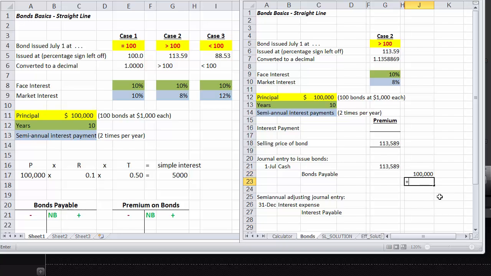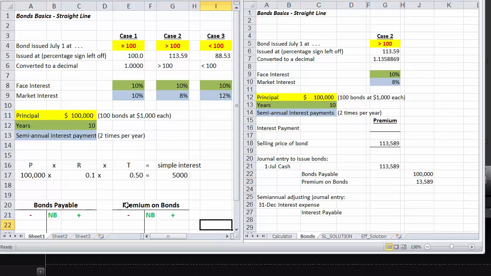And that difference will be credited to a new account. And our difference is $13,589. That new account will be premium on bonds. And you'll see over here the premium on bonds will have a normal balance on the credit side just like the bonds payable.